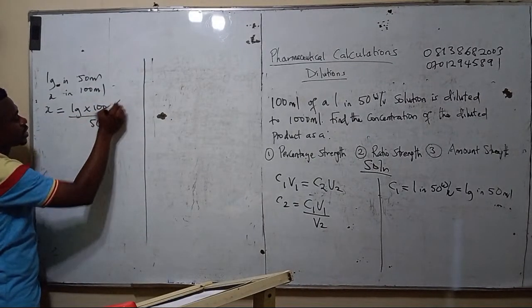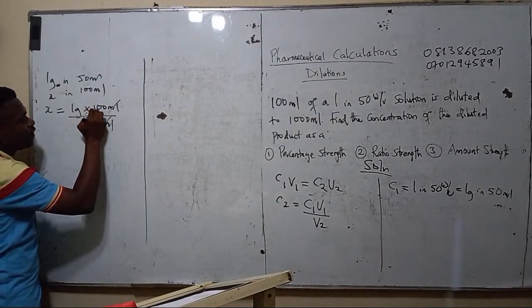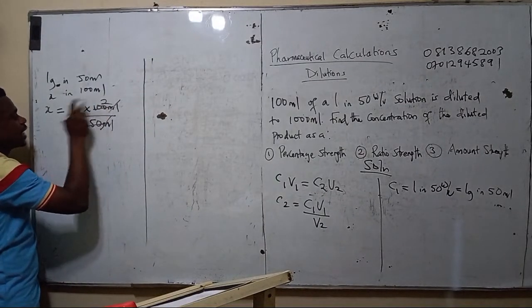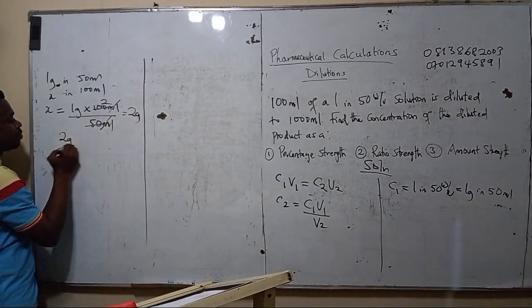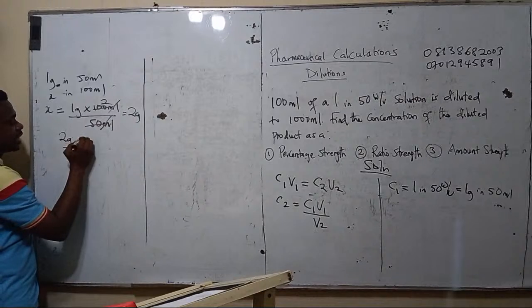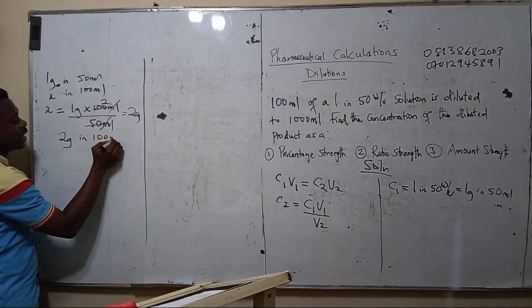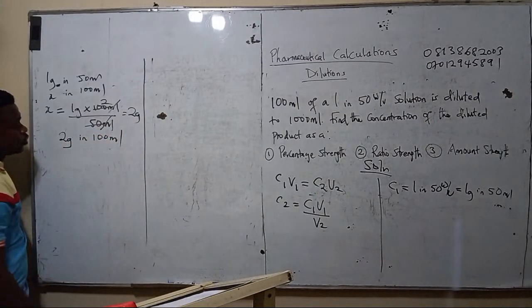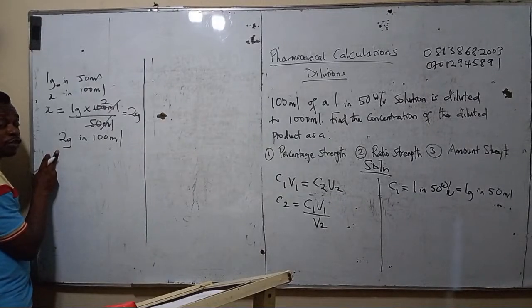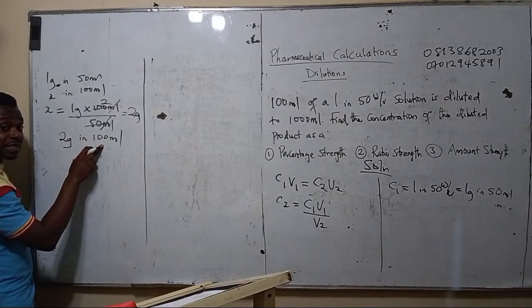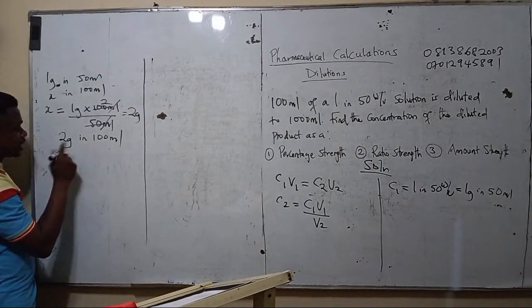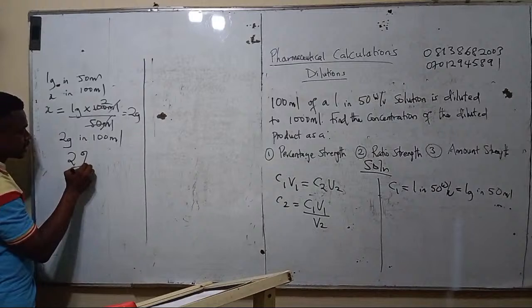Here mL cancels mL, and 100 divided by 50 gives 2. 2 times 1 gram is 2 gram. So basically we have 2 gram of the solute or active ingredient in 100 mL solution. If we move this to percentage, we have 2 in 100, which is 2%.